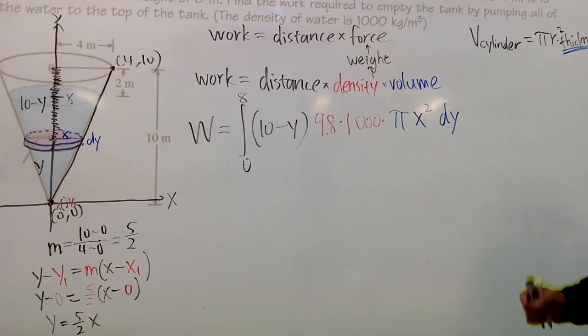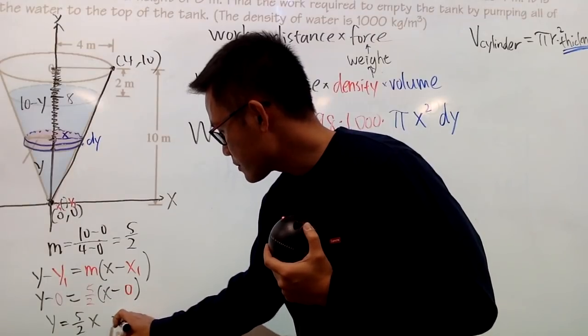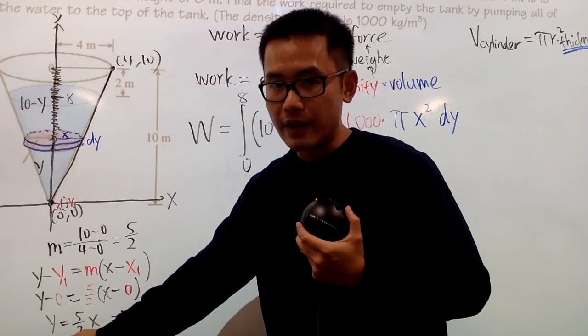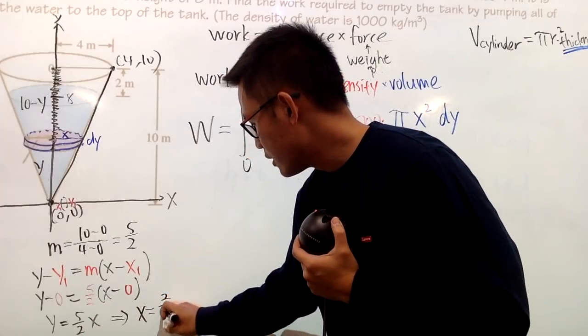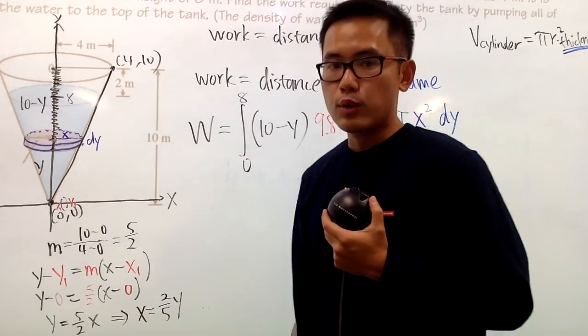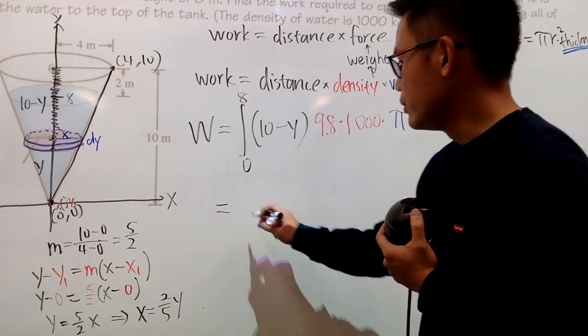Well, y is equal to 5 over 2 x. I want to get x by itself. In other words, look at this. I can multiply 2 over 5 on both sides. x will be 2 over 5 y. And this is what we need, okay? And now, here is the integral that we are going to use.